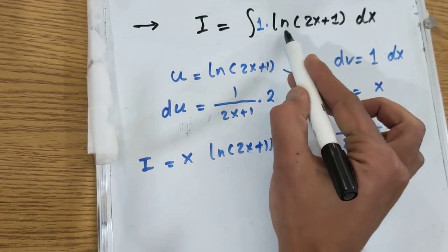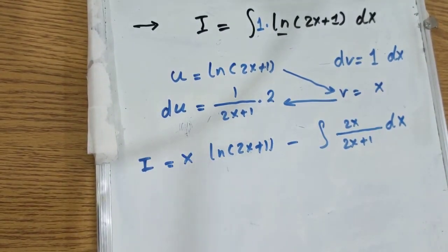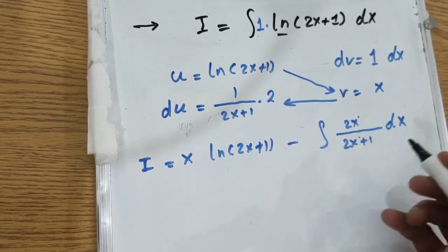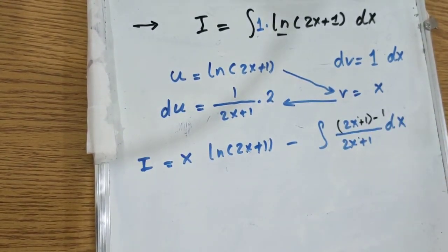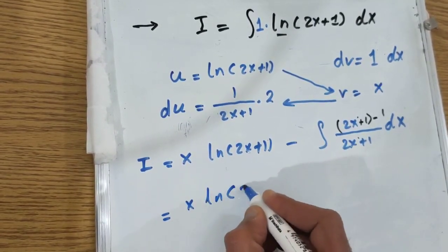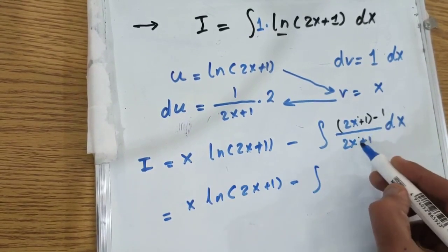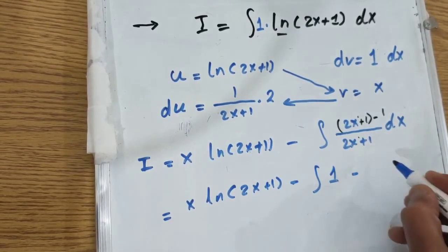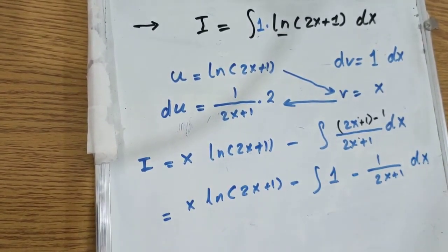Now the function ln disappears, and we have a fraction with x to the power 1 in the numerator and denominator, so we can easily add 1 and subtract 1, and then divide this fraction into two fractions. The result will be x ln(2x+1) minus the integral of (2x+1)/(2x+1), which is 1, minus 1 over 2x+1 dx.